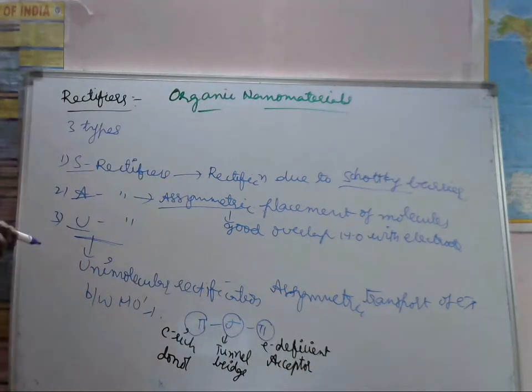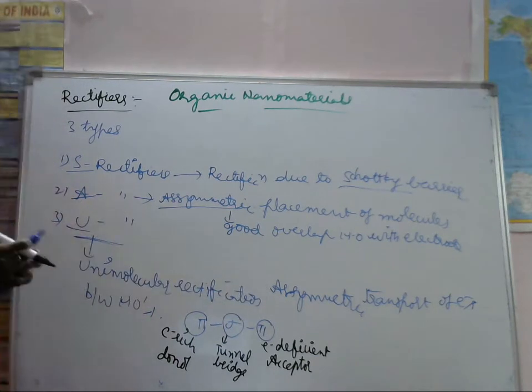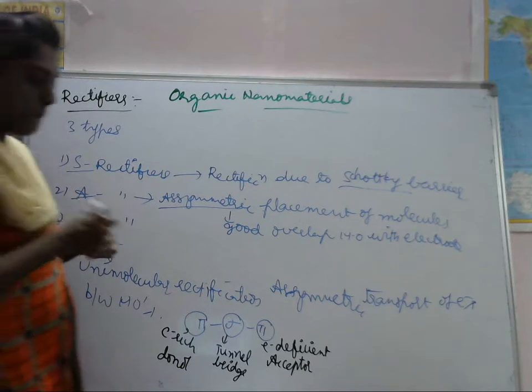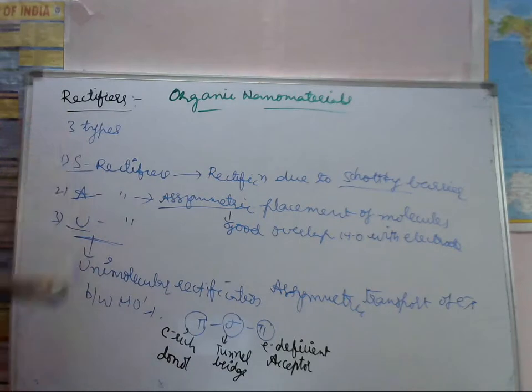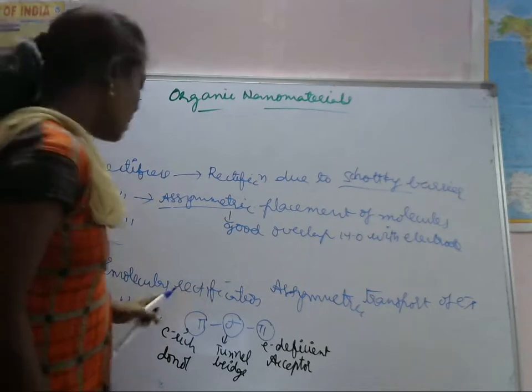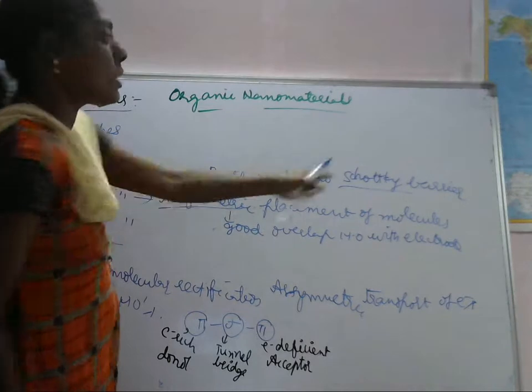Let's see one example of how these are placed. There are three types of rectifiers: S rectifier, A rectifier and U rectifier. Here the unimolecular rectifier, A means asymmetric placement, and S means Schottky barrier.